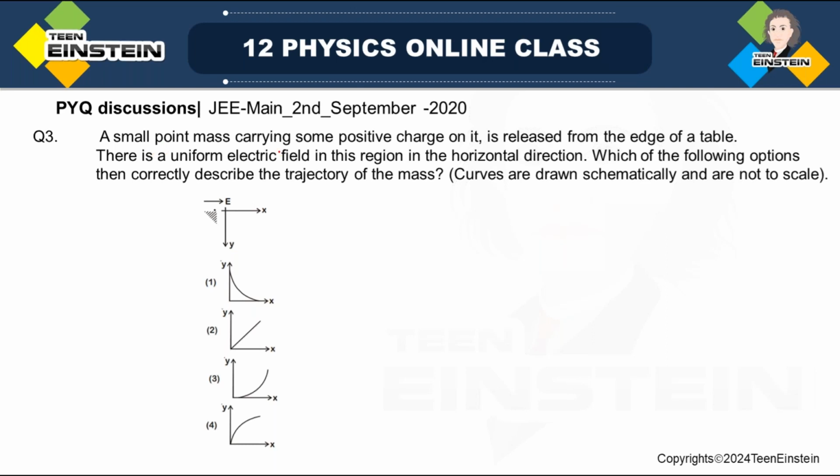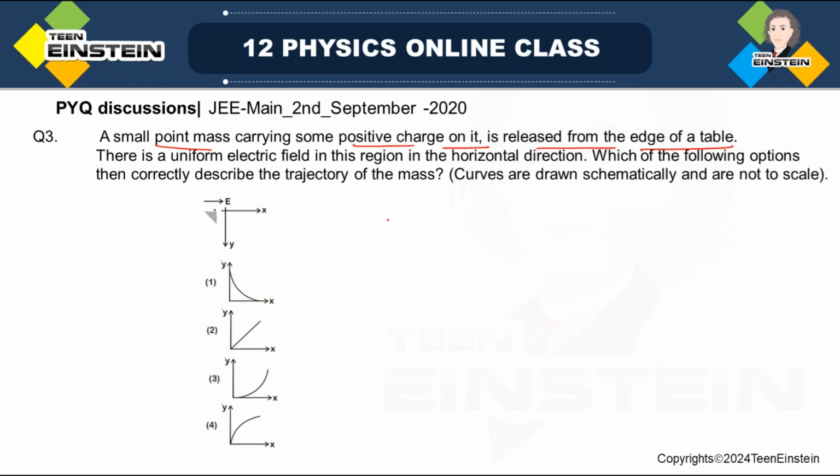A small point mass carrying some positive charge is released from the edge of a table. There is a uniform electric field in the horizontal direction. Which of the following options correctly describes the trajectory of the mass?